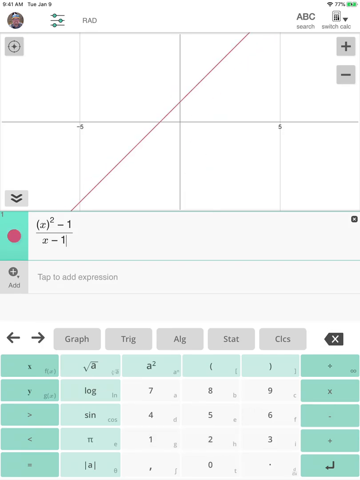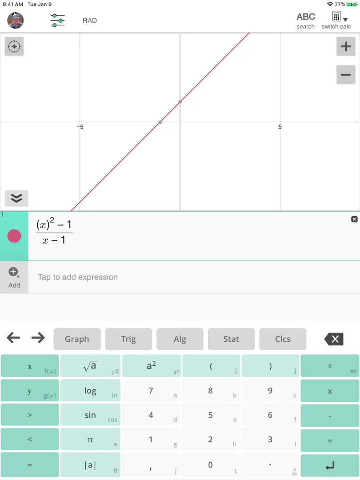What we should notice here is that even though we know we can't plug in the value 1 into this function, as we get close to 1 here, and it won't actually let me get 1 itself, we can tell that there is some value that the graph approaches, right?